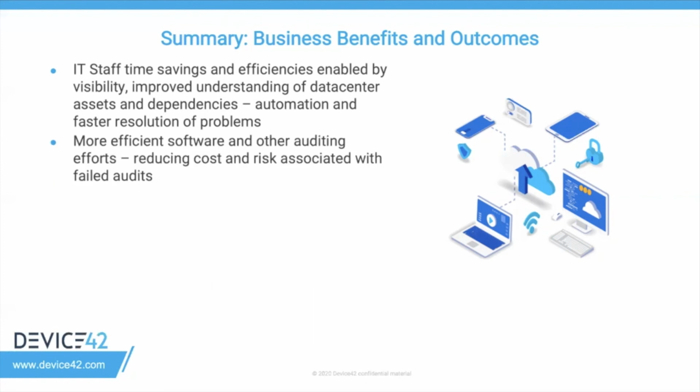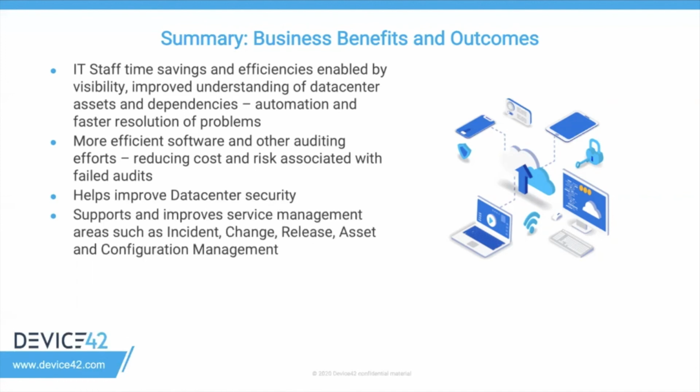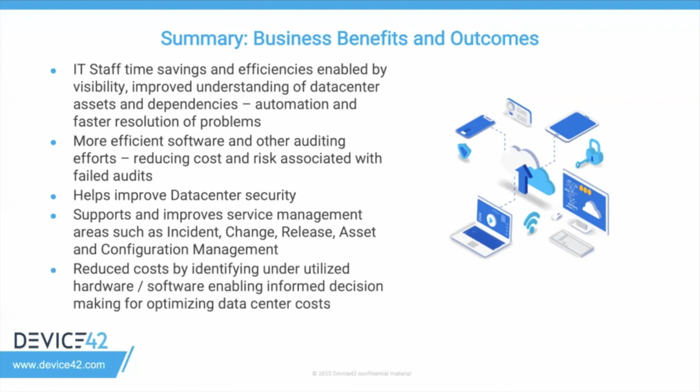It makes software and other auditing efforts more efficient, reducing the cost and risks associated with failed audits, improving data center security, and supporting activities in service management such as incident, change, release, asset and configuration management. And by doing so, we're able to further reduce costs by identifying underutilized hardware and software, enabling informed decision-making for optimizing data center costs.